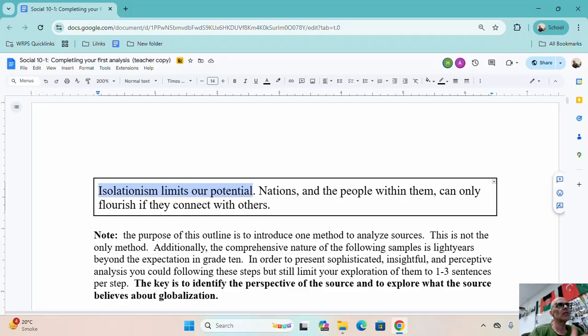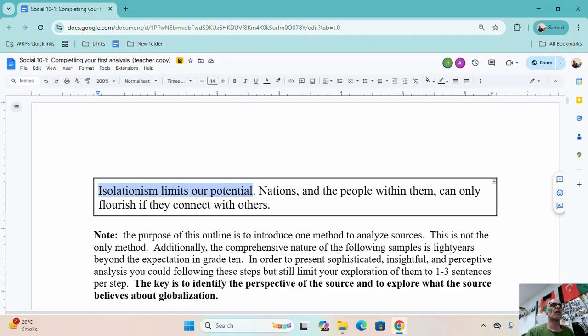And these opponents of the source might say that isolationism is more than just economic, that another nuance or dimension of potential is cultural. So they might look at how culturally isolating doesn't limit our potential, it might actually insulate and protect us from forces like assimilation and homogenization and Americanization.